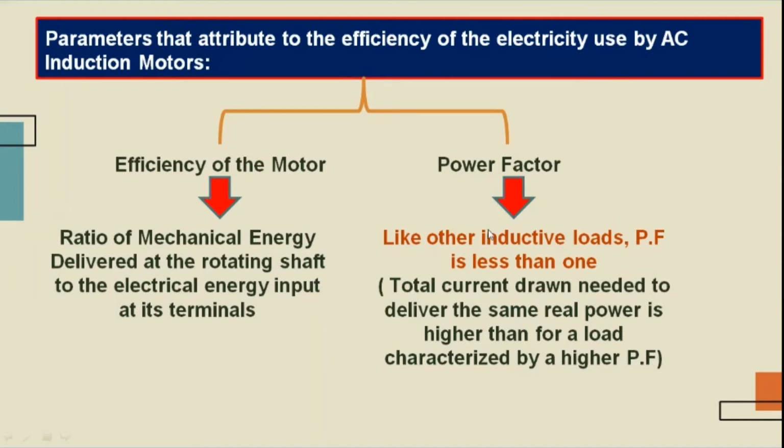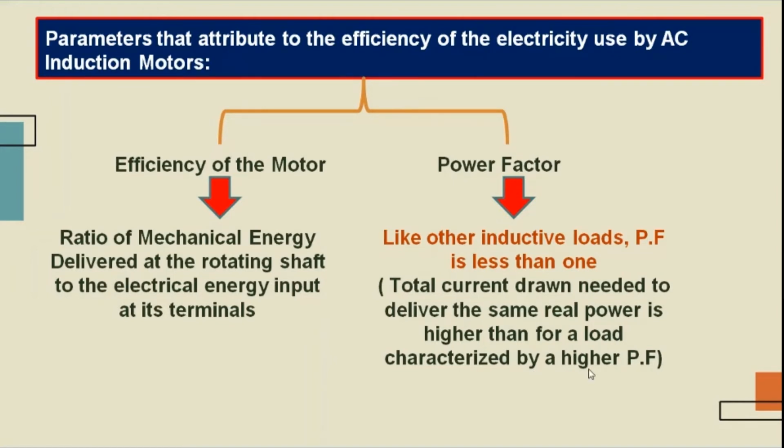Next is the power factor. Like other inductive loads, the power factor is less than 1 in the case of a motor, and the total current drawn to deliver the same real power is higher than for a load characterized by a higher power factor.